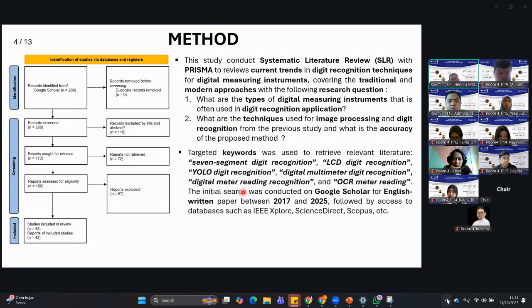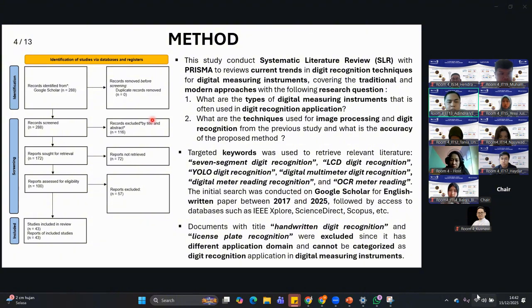The keywords used for the literature search were 7-segment digit recognition, LCD digit recognition, UV digit recognition, and so on. The search was conducted on Google Scholar for English papers with a time frame from 2017 until 2025.